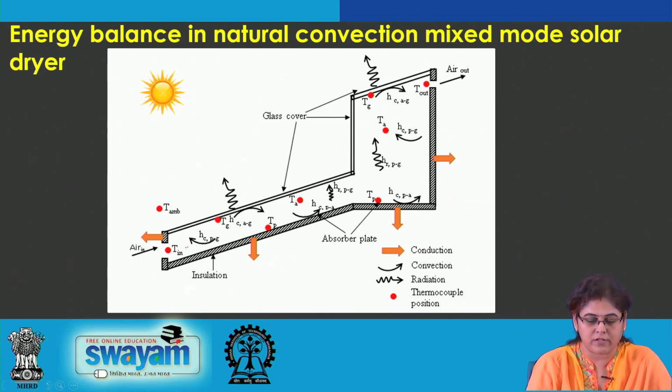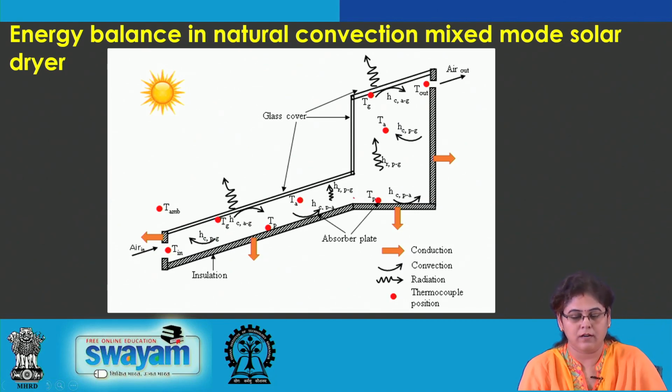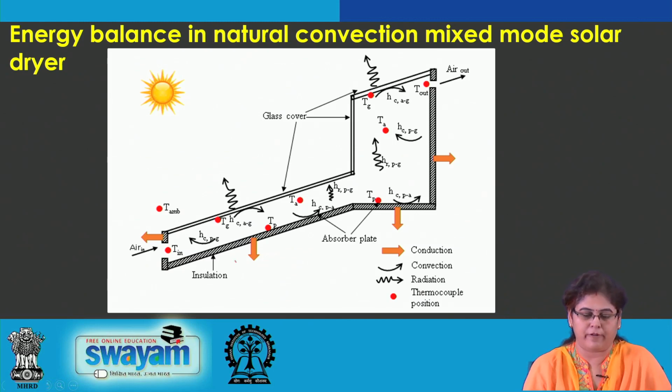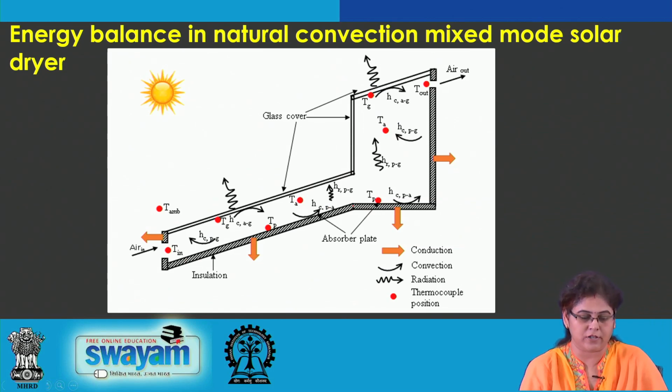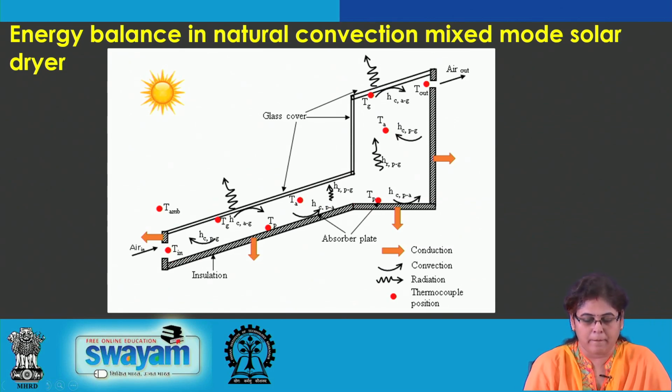Ambient air enters the collector, and as it passes across the passage length of the collector, the air gets heated, and that hot air enters the drying chamber in order to remove the moisture from the food stock. A number of energy equations can be derived based on the different components of the solar dryer. The first part is the solar collector, where the bottom part is the absorber plate, and there is convective heat transfer from the absorber plate to the moving air.